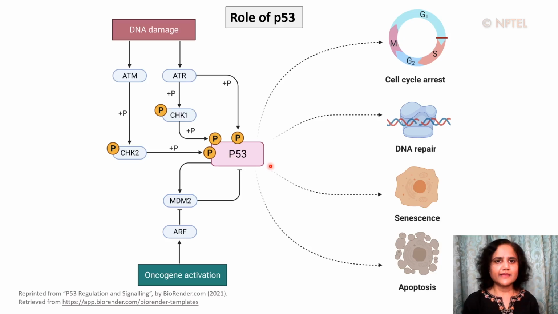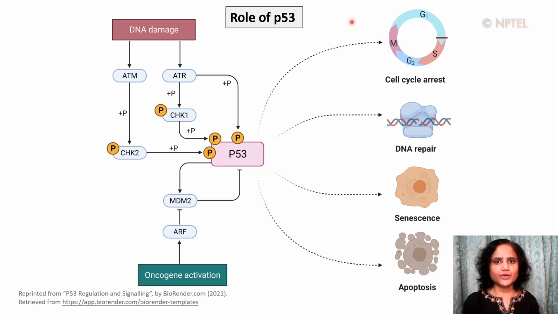And this activates transcription of cell cycle inhibitory proteins, and it also activates the transcription of pro-apoptotic genes. And the transcription of pro-apoptotic genes causes apoptosis, and in the other case there will be a cell cycle arrest.